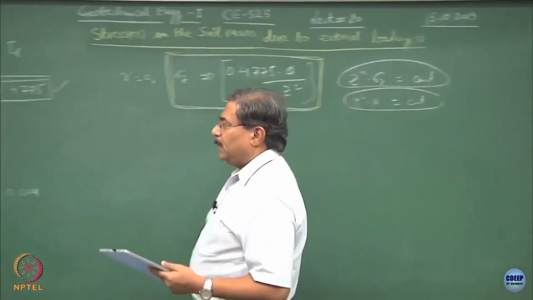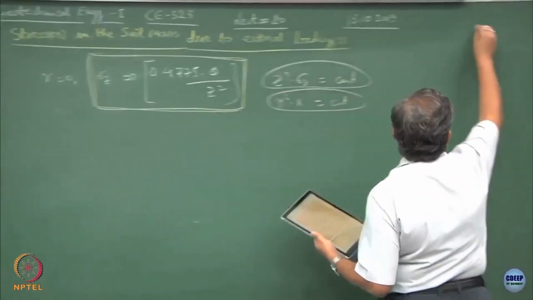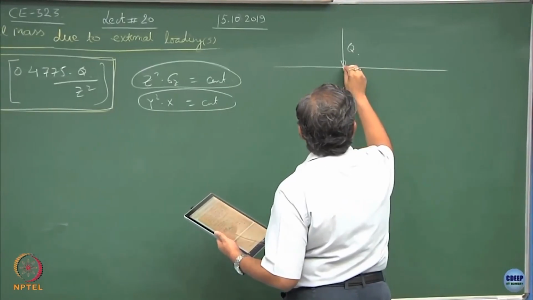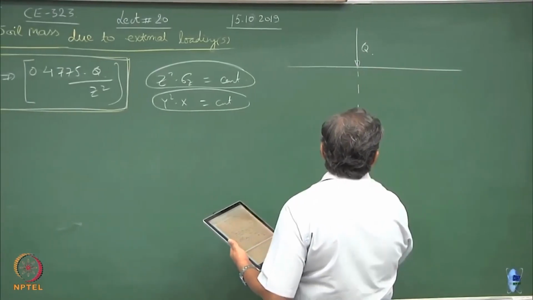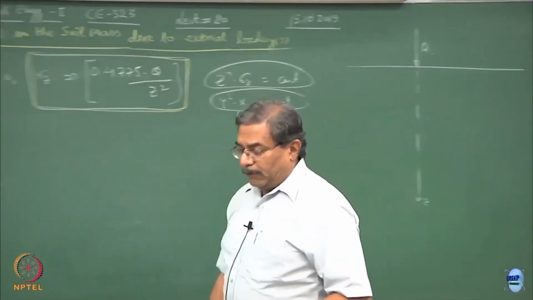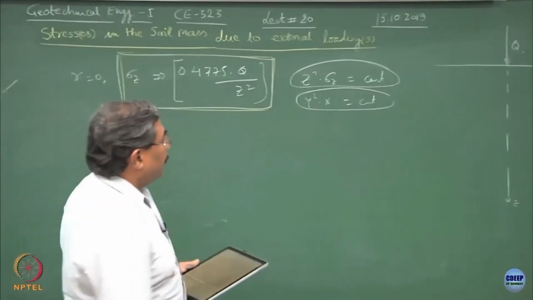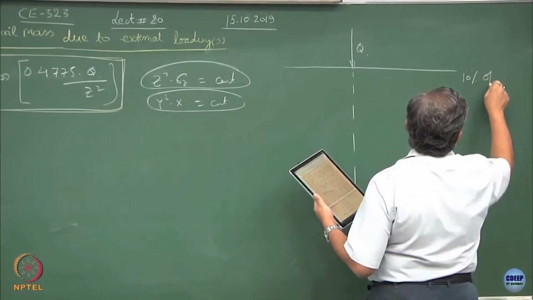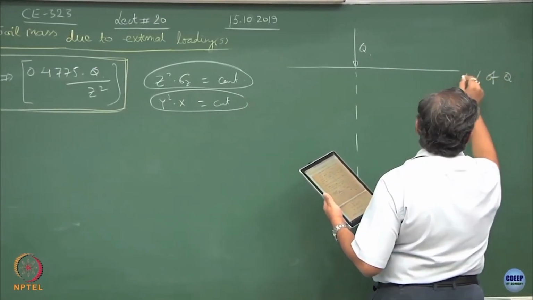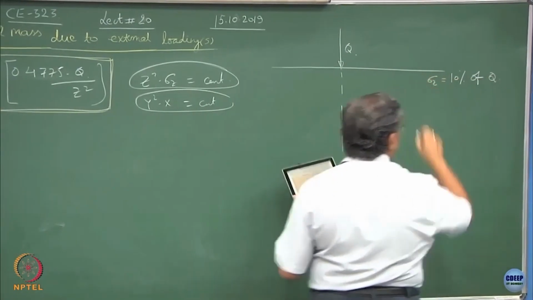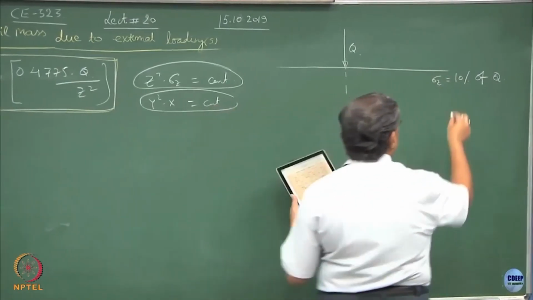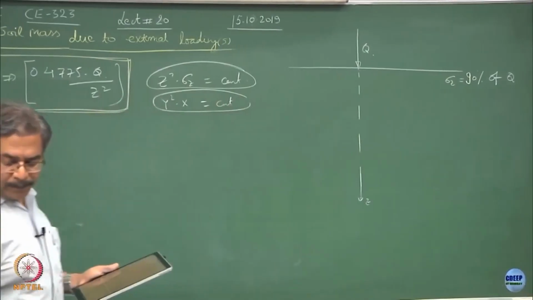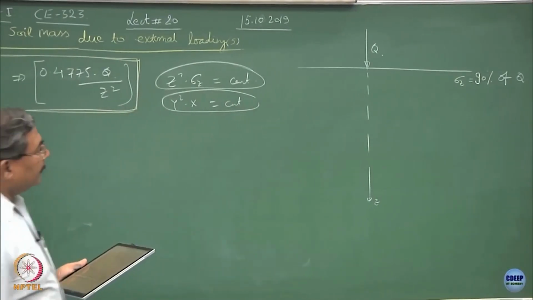That means, if I take, let us say, Q, and this is the point and this is my z direction. If I plot, let us say, 90% of Q as sigma z, where would this be sitting?